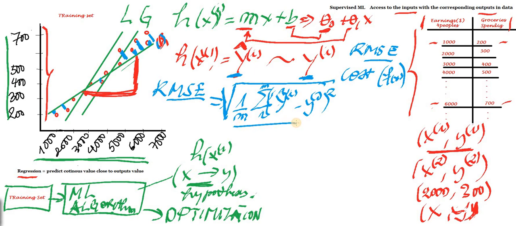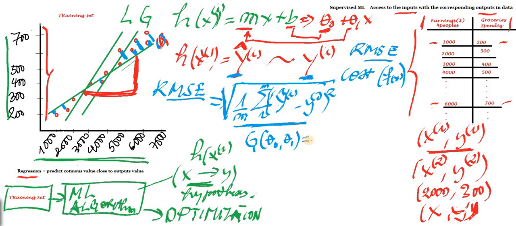This is our cost function, and we can call this cost function J of theta 0 and theta 1.